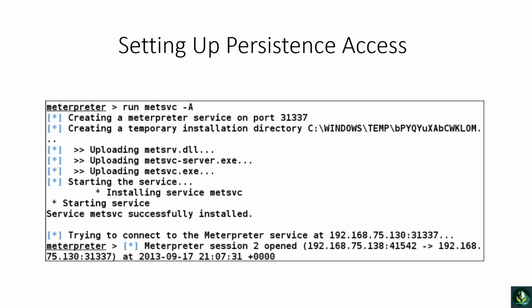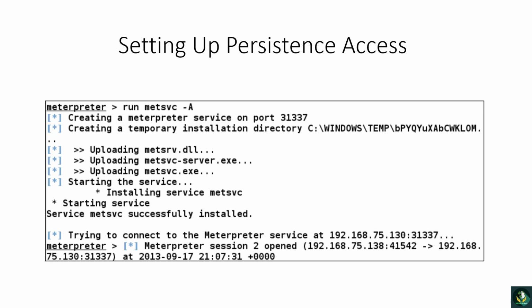So the metsvc service is installed in the compromised system as a service. Moreover, it opens a port permanently for the attacker to connect whenever he wants. Installing metsvc at the target is easy. As you can see, we can use the metsvc service to create a service at port 31337 and upload the malicious file as well.